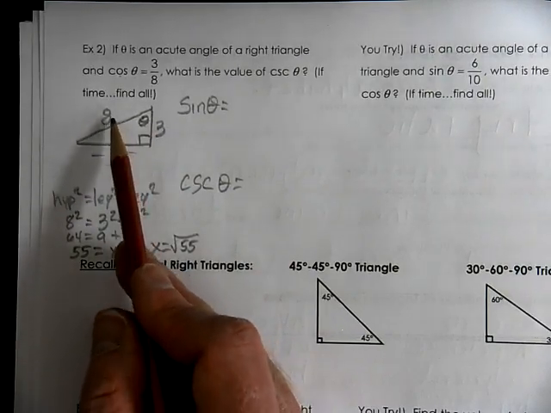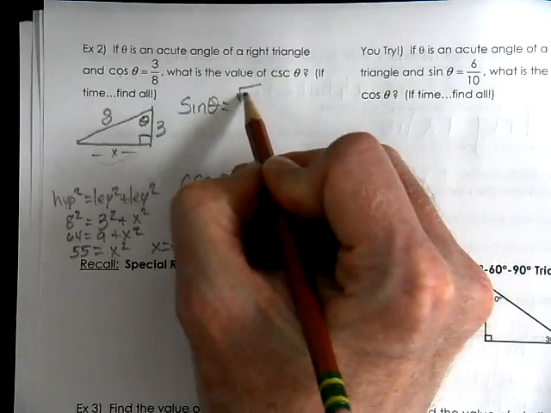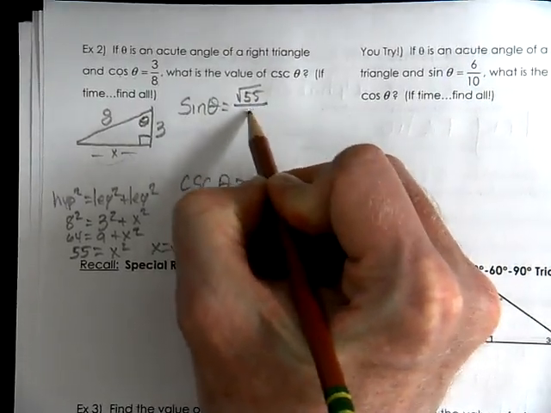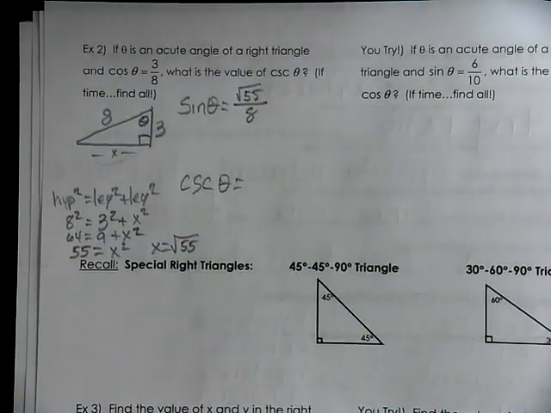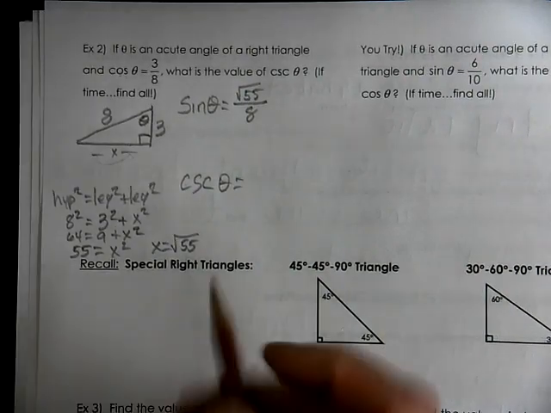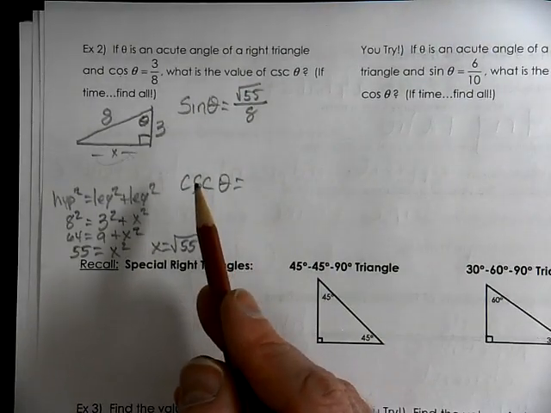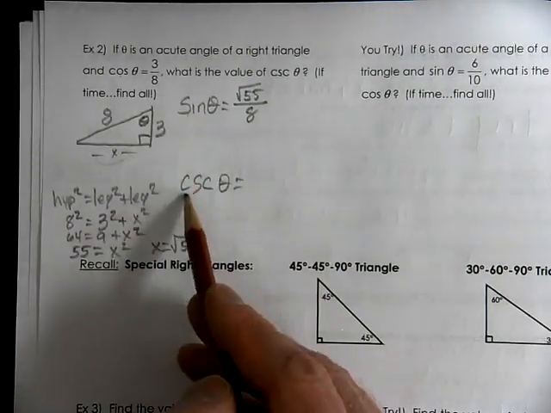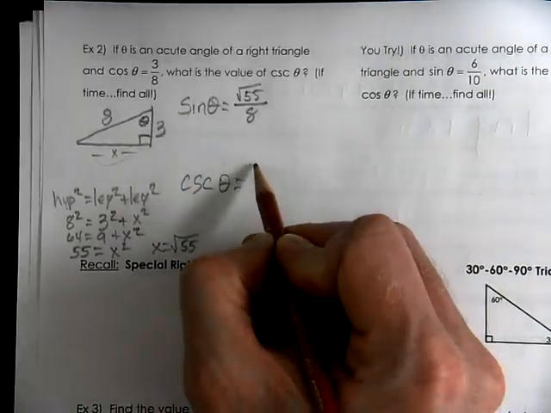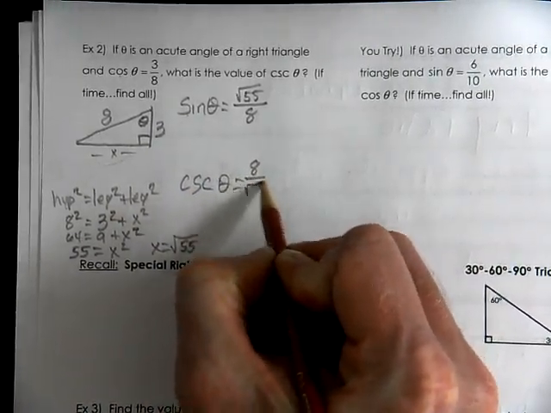So opposite over hypotenuse is going to be square root of 55 over 8. That is the sine. So that makes the cosecant, which is related to the sine, the reciprocal.